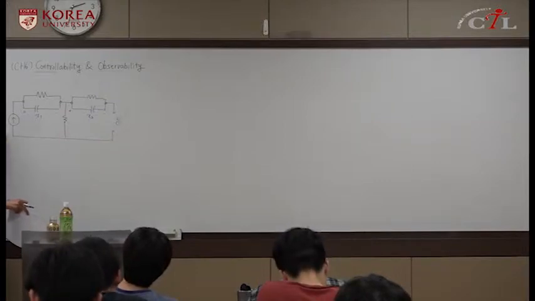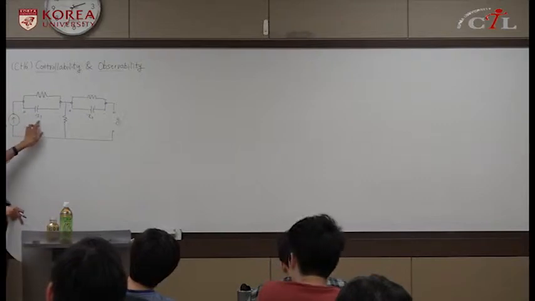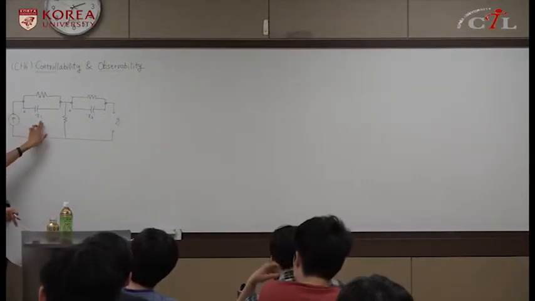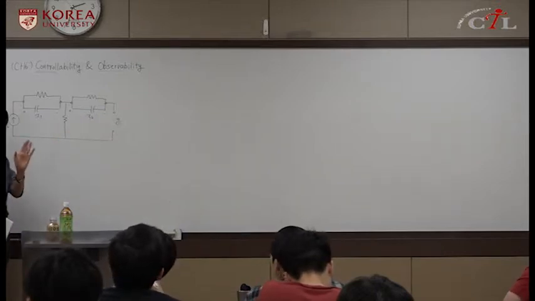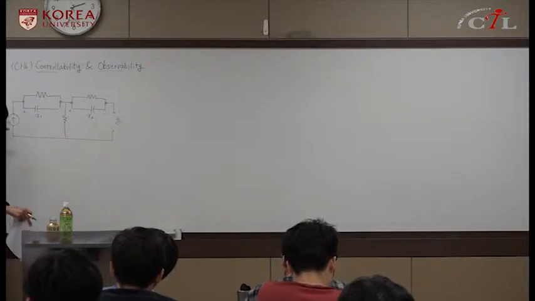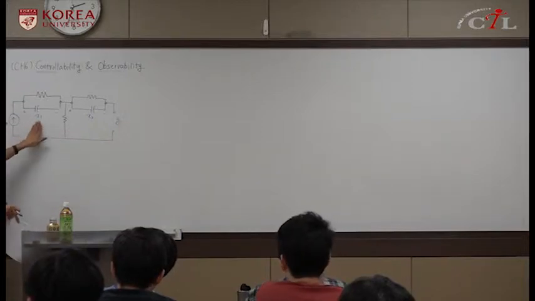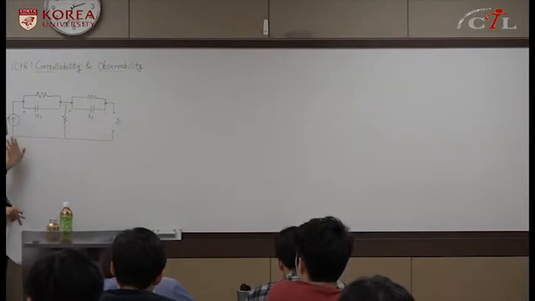Then, by adjusting u, can we set x1 and x2, whatever we want, to any arbitrary value that we want? Then it's controllable. By adjusting u, if we can send x1 to any state as well as x2 to any state, then the system is controllable using u.